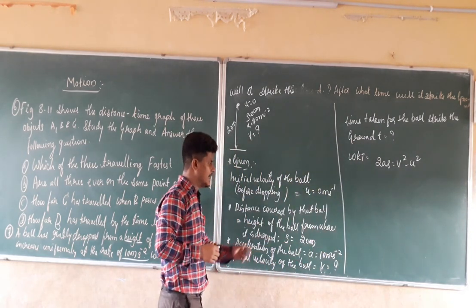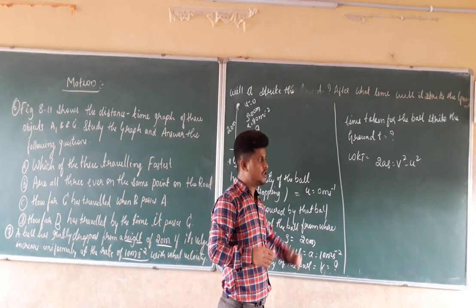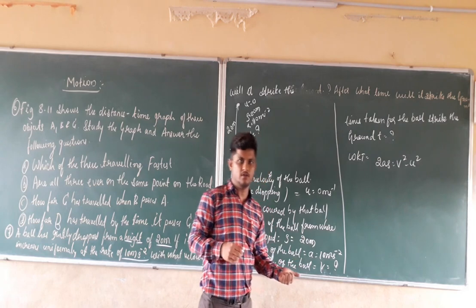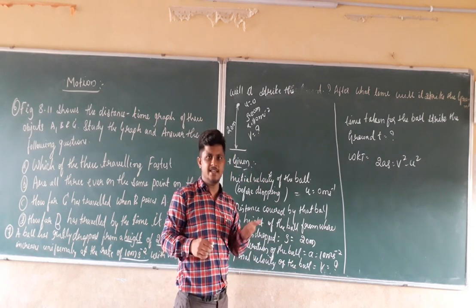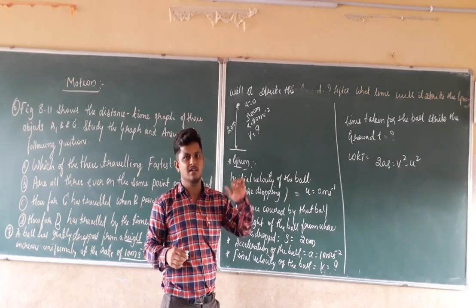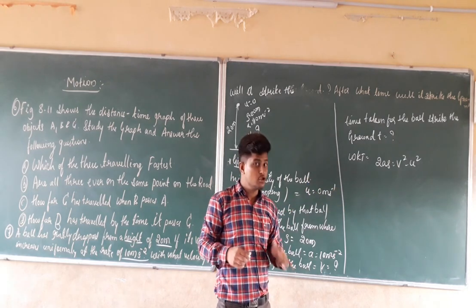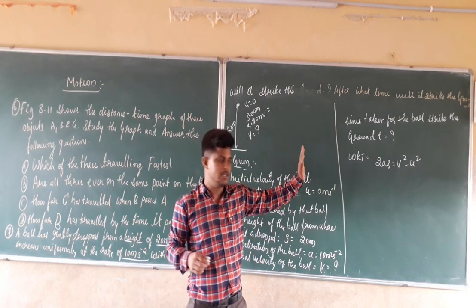In the problem statement, they gave a, also the s value, and also the u value. So we are going to find the v value. Either you can take the equation s equal to ut plus half a t square. That equation is also correct, but in that equation we don't know the value of the time taken, so we cannot consider that equation for the solution of this problem.